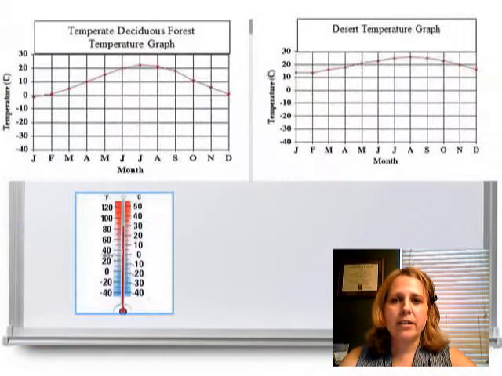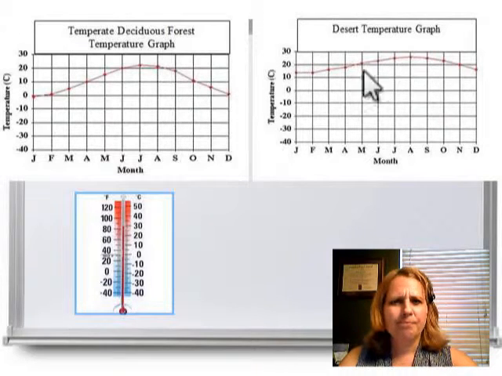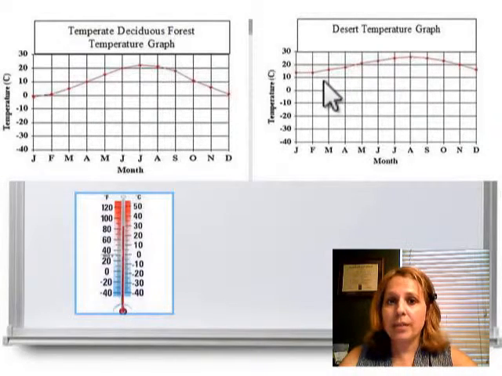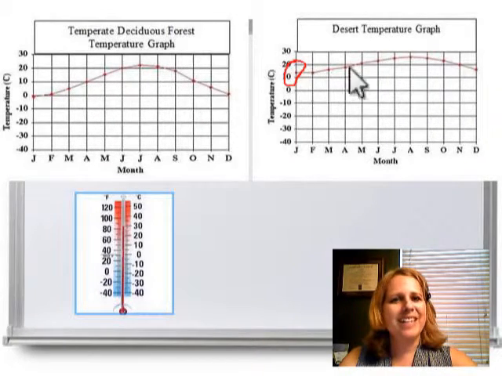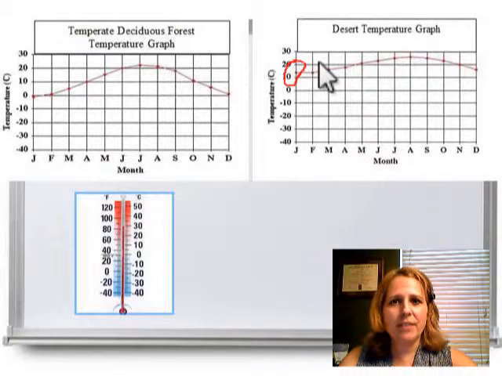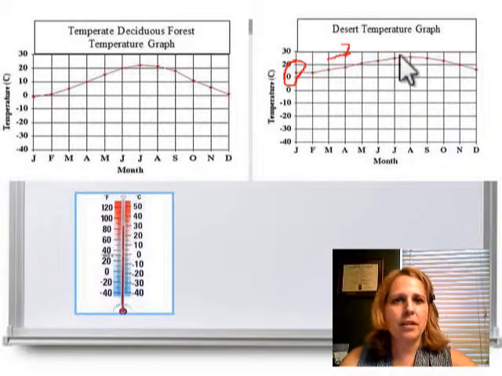Now let's compare it to a desert temperature graph. At first glance, they look pretty similar. However, if you notice, the temperature starts out much higher. So we have probably about 12 degrees Celsius right here. And then it doesn't change too much. We have a slight increase here as the summer months come on.